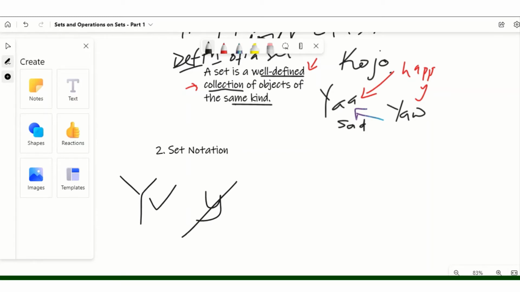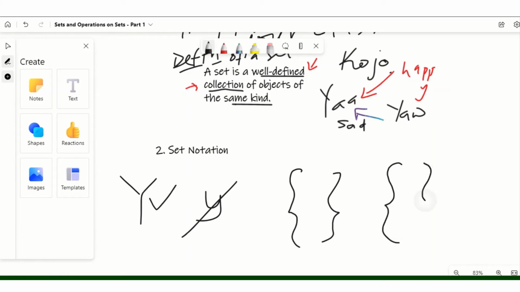All right. Now, how do we present the members of a set? We use something called curly brackets like this. Curly brackets.